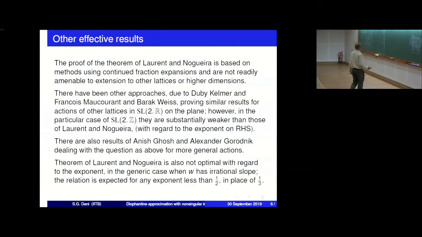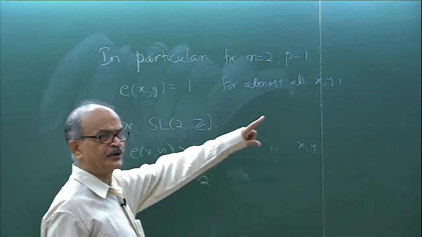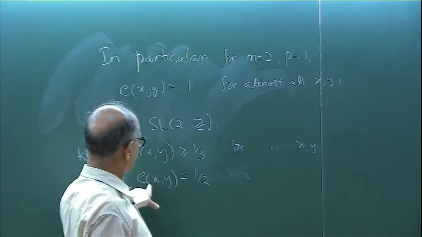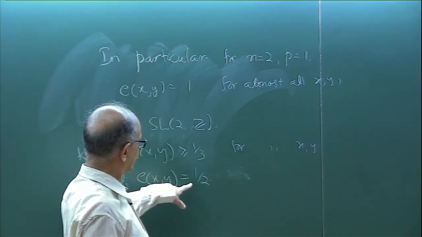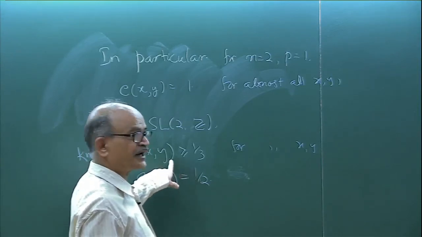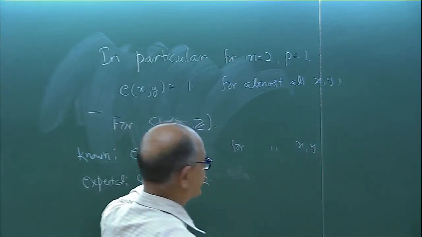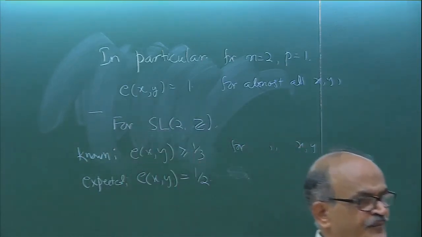That means we expect that E(x,y), in the notation that I introduced, the exponent of this pair, should work out to be half, whereas the known result is only that it is at least 1/3.